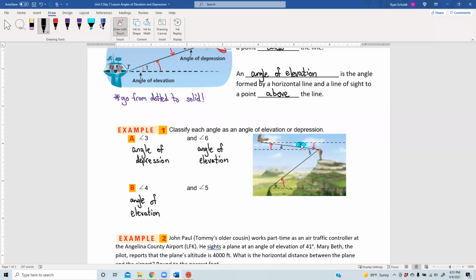And then angle 5. You're going from dotted to solid. It's going down. That means this is an angle of depression.